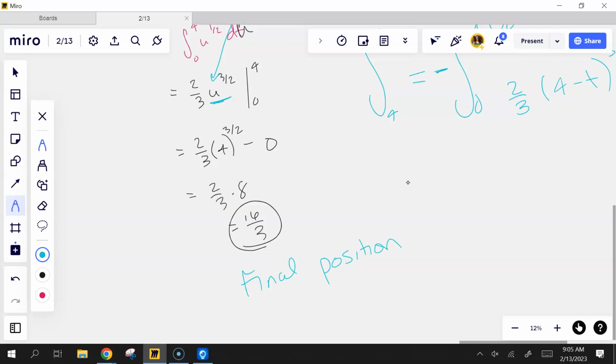What did we solve for? What was that find? That was displacement. This is displacement. And what did it say? Meters. So final position, you're exactly right. I just add.